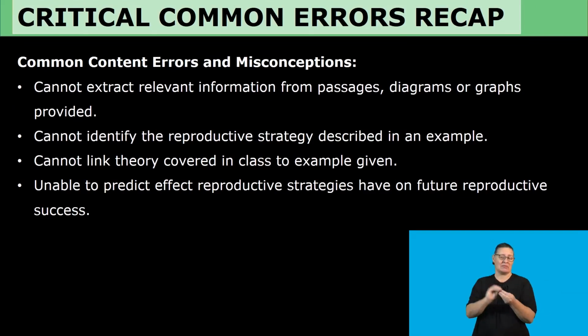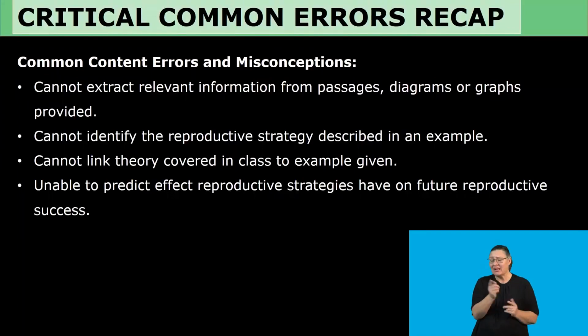We are now recapping on the common errors. I know you will not make these errors because we have really and clearly finished them. Learners cannot extract relevant information from passages, diagrams, and graphs, provided we are now able to do that. Learners cannot identify the reproductive strategy described in an example. We can relate to that. Now we are able to.